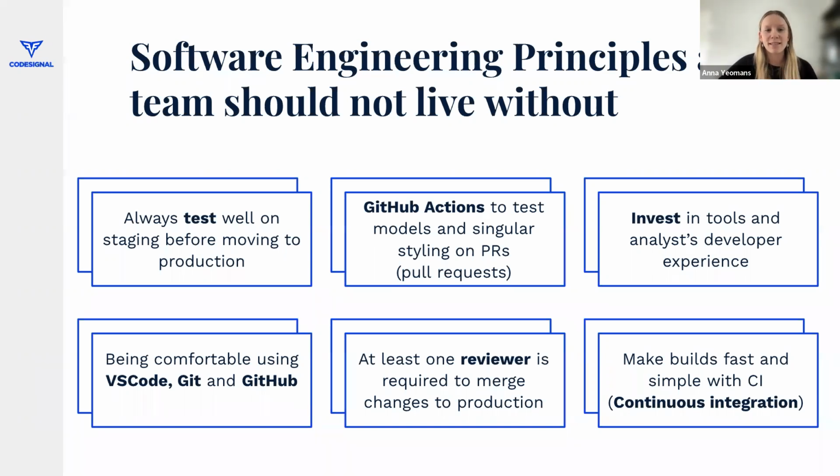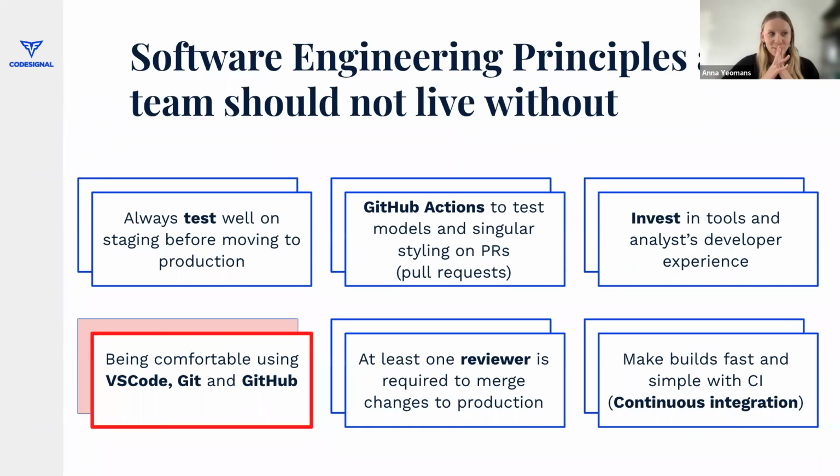We can also invest in tools for analyst developer experience. Because analysts don't normally work with software engineering principles, you can invest in those tools and the experience of whoever is going to be working on this, to make their life easier. Then, being comfortable using VS Code, Git, and GitHub, requiring at least one reviewer to merge any changes to production, and making builds fast and simple with continuous integration.